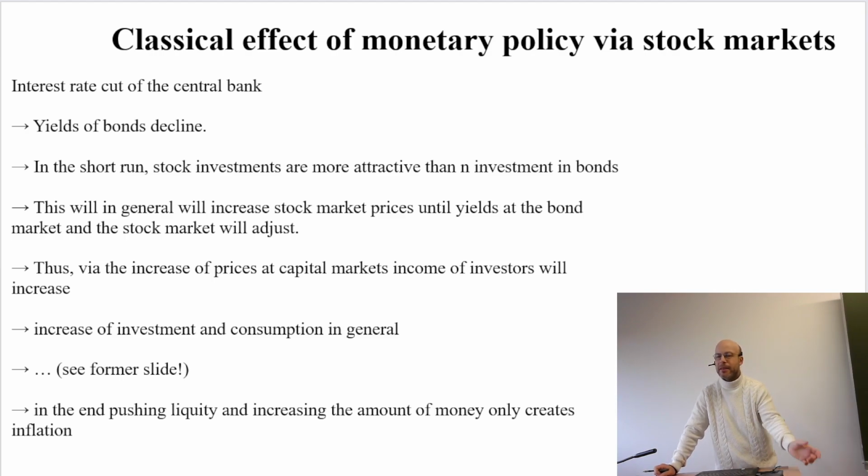But then, and this is the same argumentation as we had it between short-term bonds and long-term bonds, where we said that at first we are steering via the central bank the short-term bonds. Now it also means if the demand in the stock market will increase, then of course prices will rise. The DAX, the Dow Jones, and so on will rise.